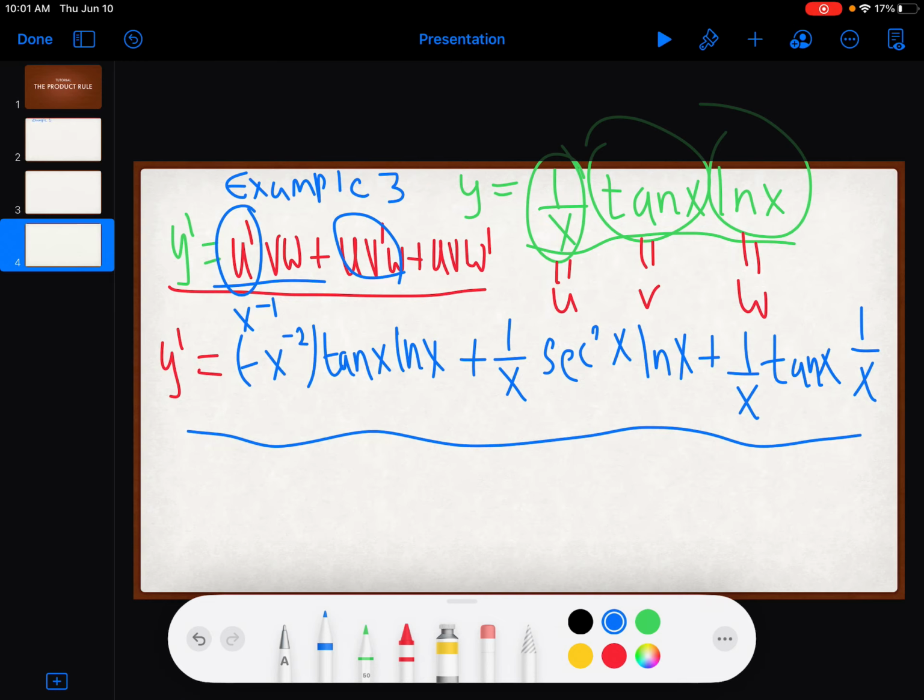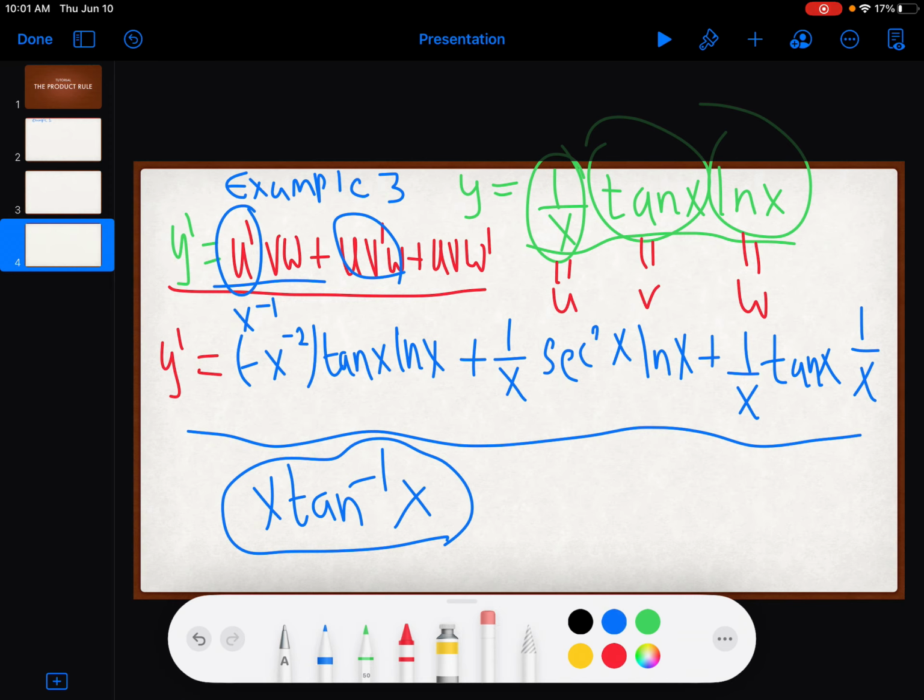You might get a question like x tan inverse x. Like, how do I take the derivative of that? Well, you're realizing you need to use the product rule here as the first step, right? And then you got to know how to take the derivative of inverse tan x. And I haven't covered that yet. I'll be covering that in implicit differentiation.